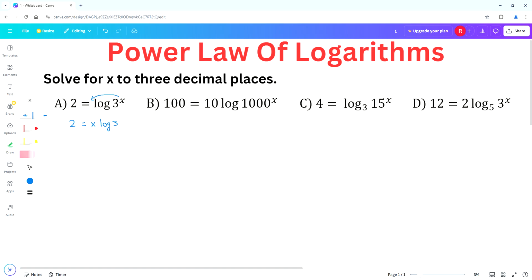Log 3 is a common log. There is no base given for this log term. That means the base is 10. We can isolate x on the right side of this equation by dividing both sides by log 3.